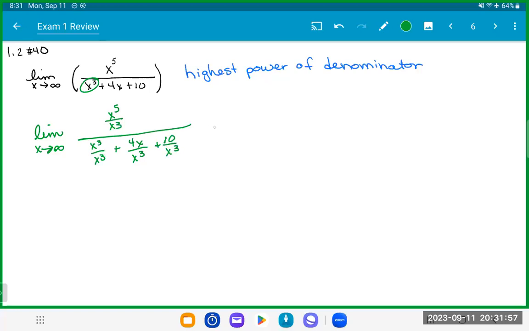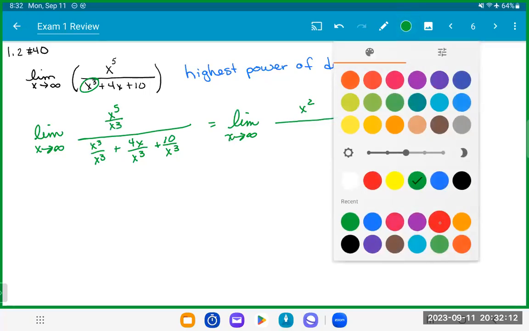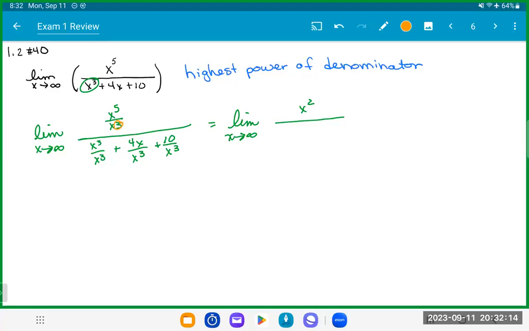Okay. This is going to simplify down to the limit as x approaches infinity of x squared, right? Because if I take this and move it up here, that's a negative 3.